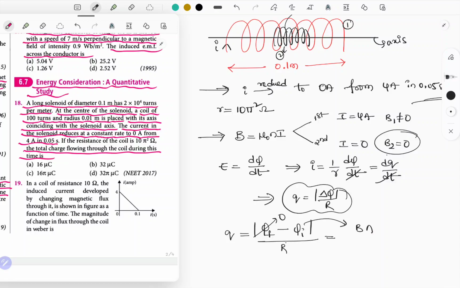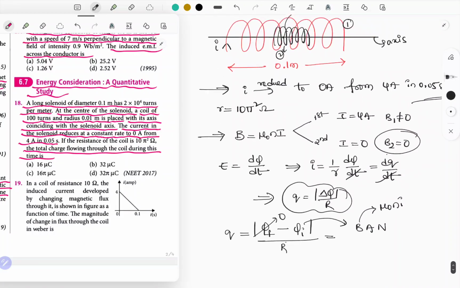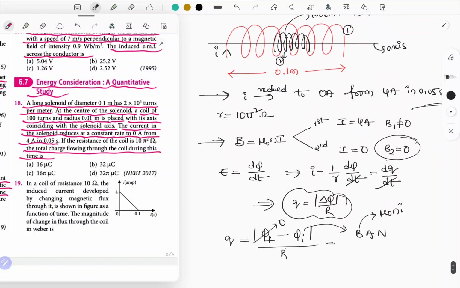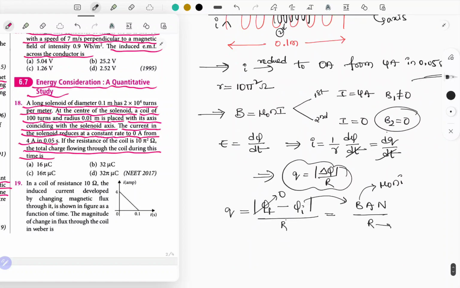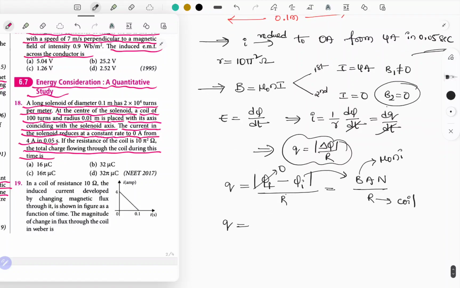It is B into A into number of turns N. So B is equal to mu naught n i. Okay, so magnetic field is produced by the solenoid, right? Let's find out that divided by R. R is the resistance of the coil. So Q is equal to, I'm very clear, just check out the things. So magnetic field mu naught is 4 pi into 10 power minus 7. Small n, number of turns per meter, is 2 into 10 power 4.